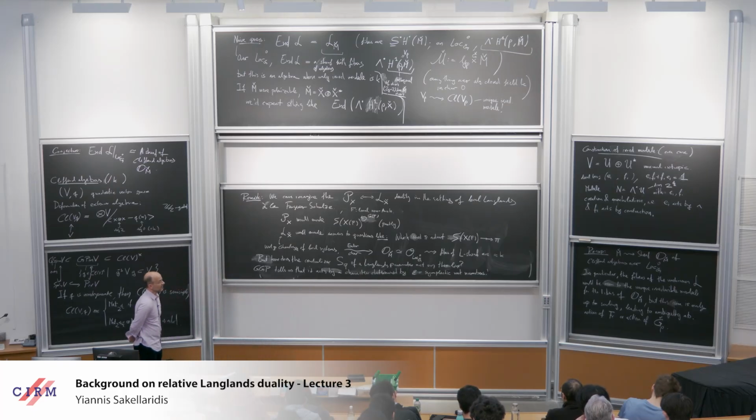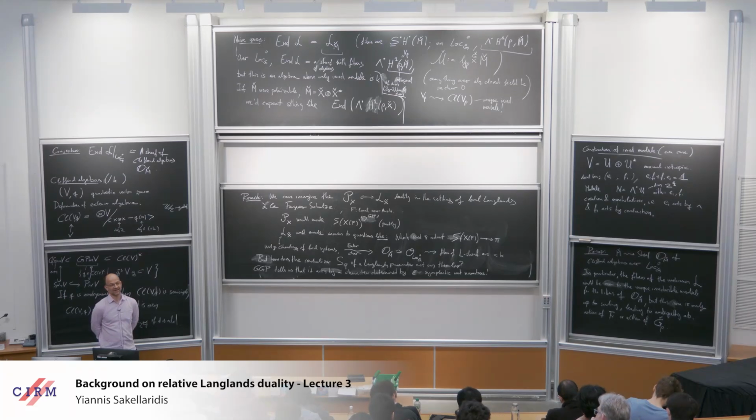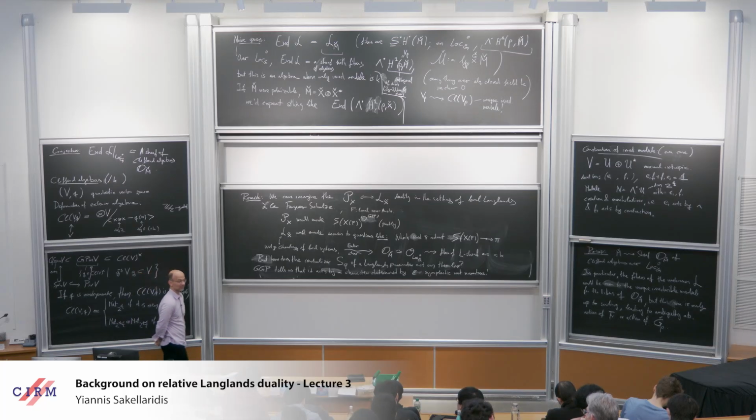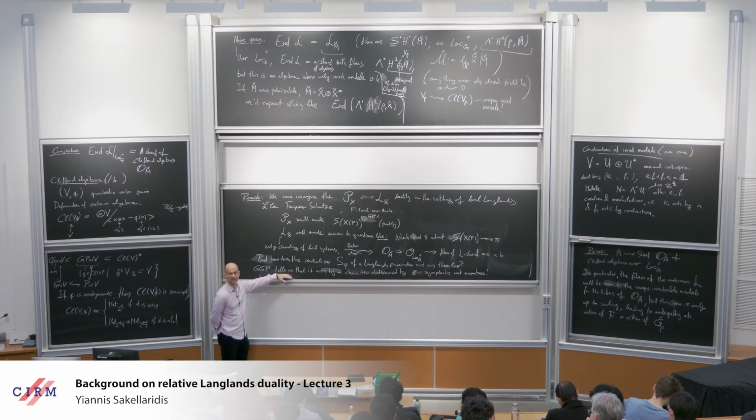So you see, knowing that the fiber is just a one-dimensional vector space is kind of useless for that purpose. One needs to understand what the sheaf is and how the stabilizer acts. And this is a very interesting and deep problem here.